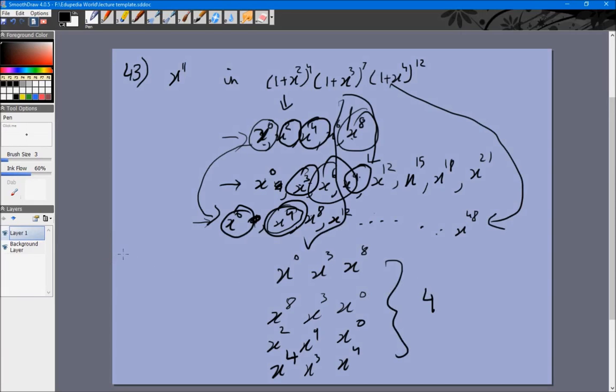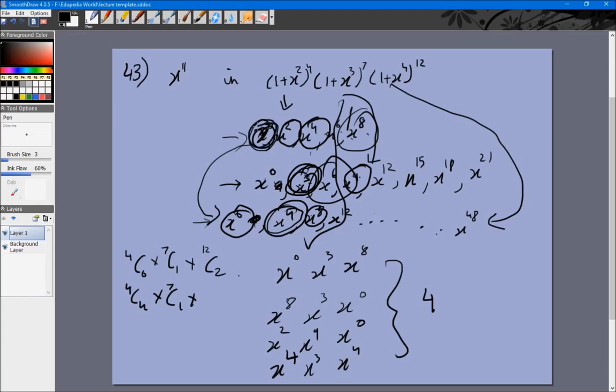In the first case, it is 4c0 into 7c1, because this is the 0th term, this is the first term, this is the third term, into 12c2. What is it in this case? This is x to the power 8, which is the 1, 2, 3, 4, 5th term. Since the first term is 4c0, the 5th term is 4c4, into x to the power 3, that is 7c1, into x to the power 0 in this one.